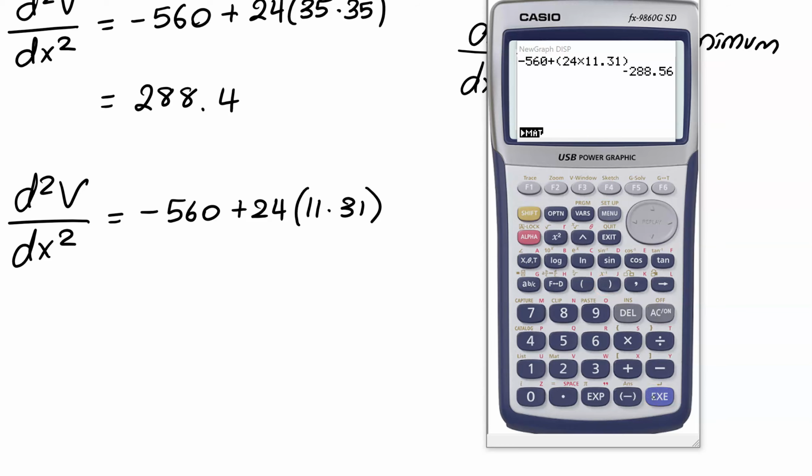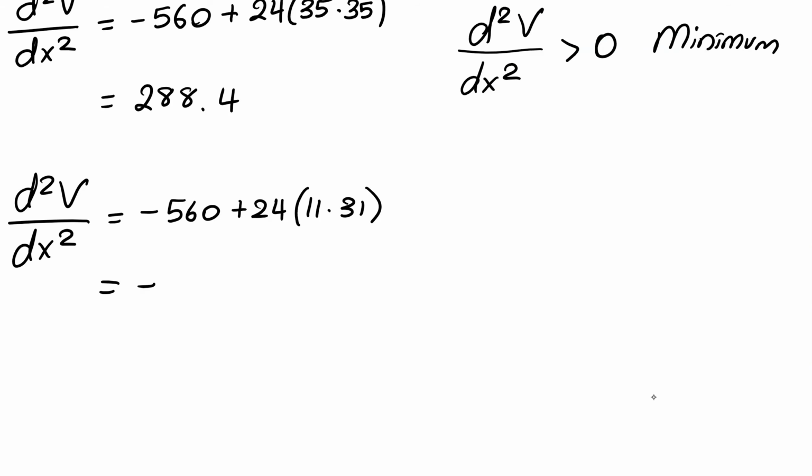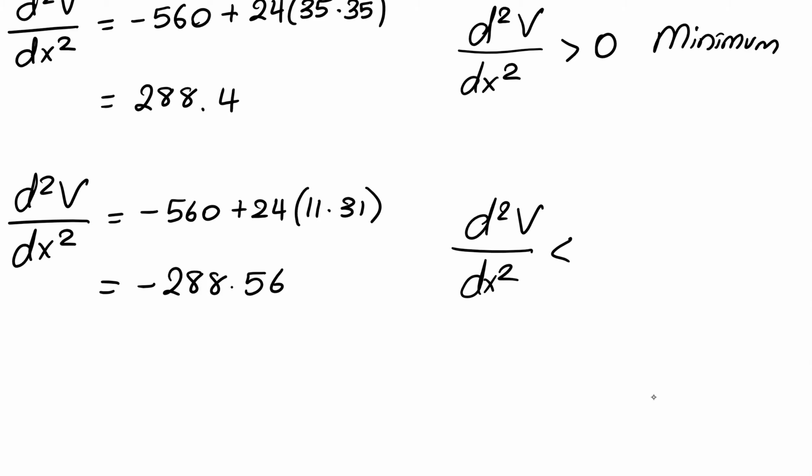We get negative 288.56. So therefore, d squared v over dx squared is less than 0. Therefore, this is our maximum. So we're going to use 11.31 as x and substitute in to find our maximum volume.